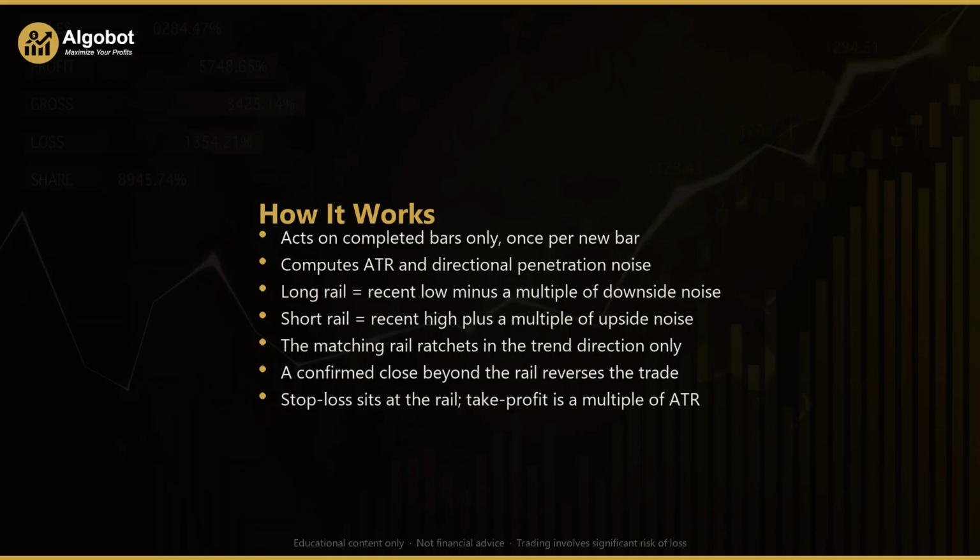From these, it builds two candidate rails. The long rail is the most recent low minus the noise coefficient times the downside noise. The short rail is the most recent high plus the noise coefficient times the upside noise. It also computes a confirmation buffer equal to the ConfirmFrac parameter times the ATR, by default 1/4 of an ATR, which price must clear to avoid whipsaws.